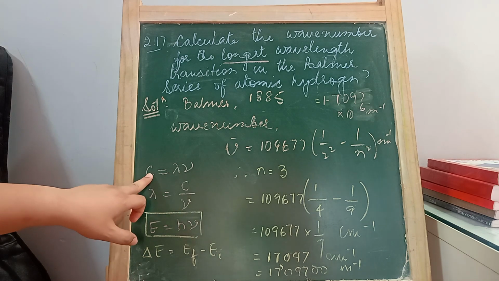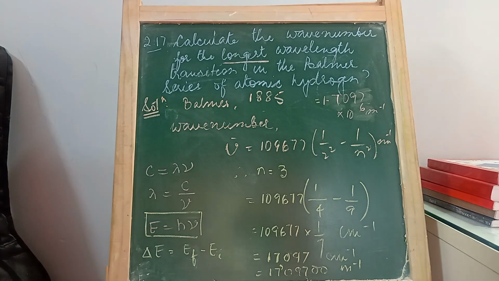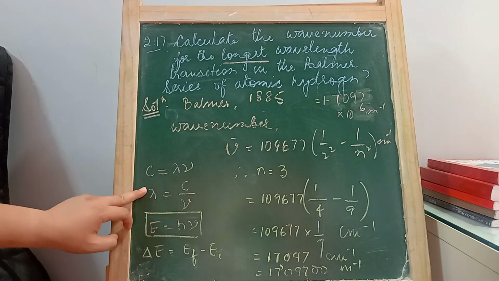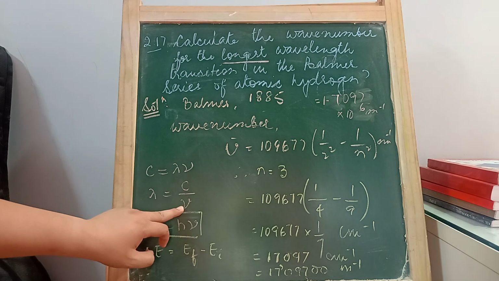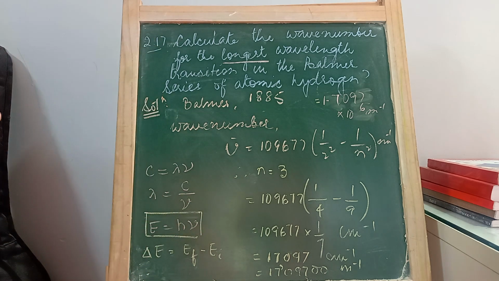So this is constant, but these two vary. They are inversely proportional. If frequency is less, wavelength will be long. If frequency is more, wavelength will be short.